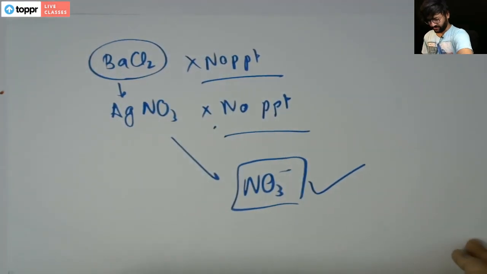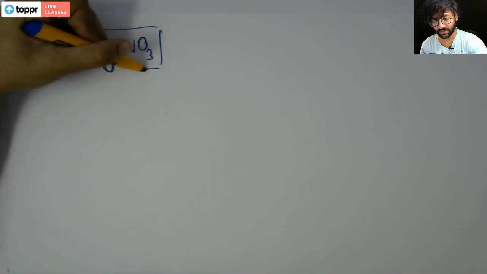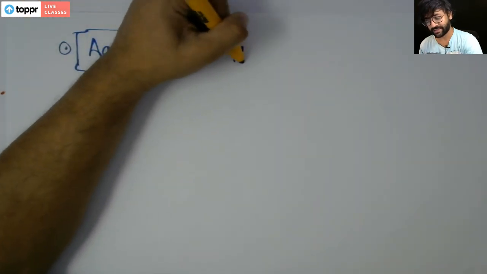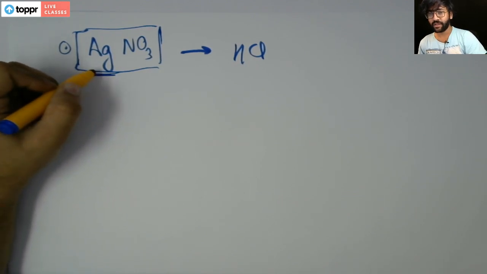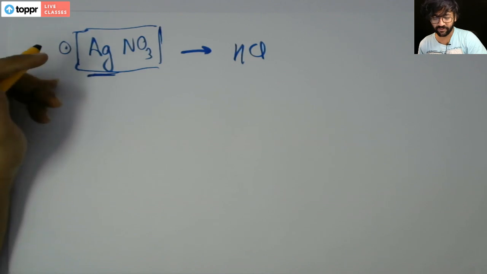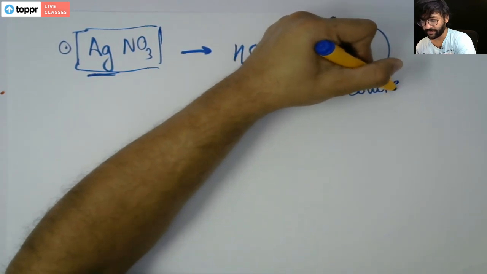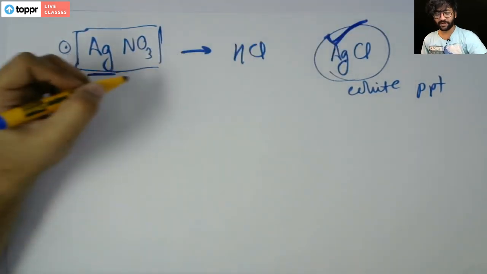Again, let us quickly recap this part with an example, and then we'll move on to titrimetric analysis. Let's assume that we have AgNO3 as our salt, which is given to us. For the cation we put HCl. As soon as we put the HCl, Ag being a group 1 cation will form an insoluble chloride, AgCl, a white PPT, and this will confirm that Ag is present in the solution.